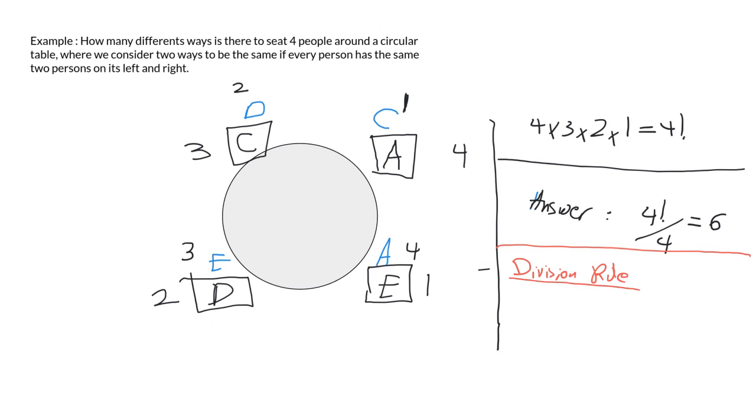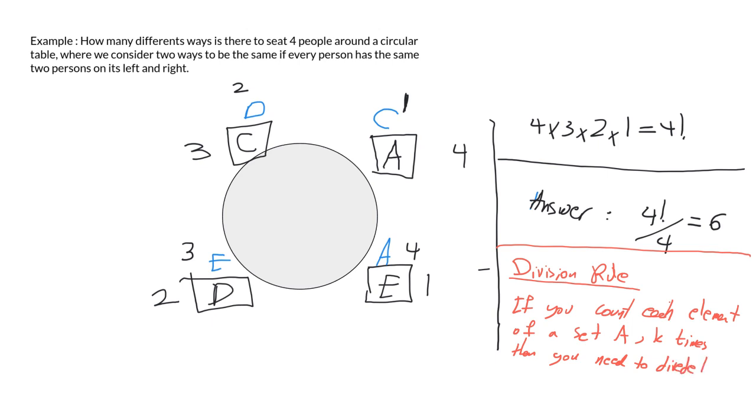It says that if you count objects of a set A, say k times, then you need to divide by k to obtain, let's say, count the elements of A.